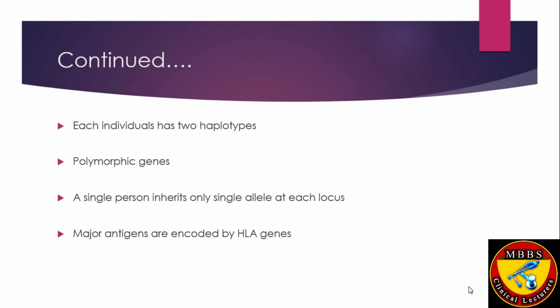For example, it is said that there are about 47 HLA-A genes, about 29 HLA-C genes and about 82 HLA-B genes. And it is said that there are more than 300 HLA-D genes. But it varies from individual to individual, because a single person inherits only a single allele at each locus from each parent. So a person cannot have more than two class 1 and class 2 proteins at each locus.